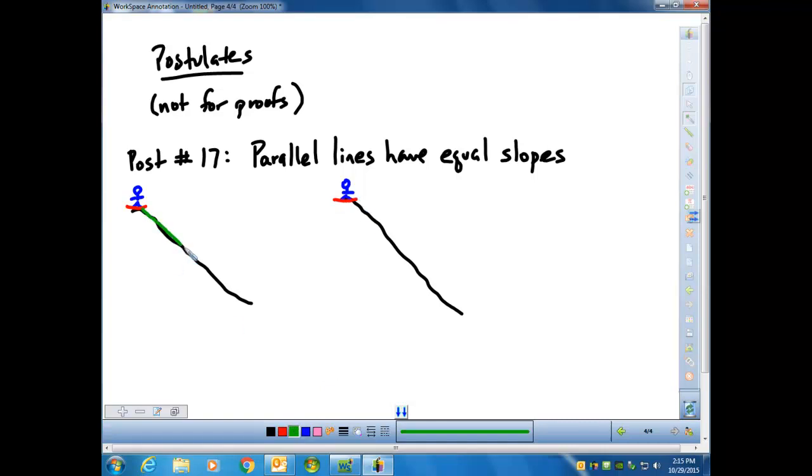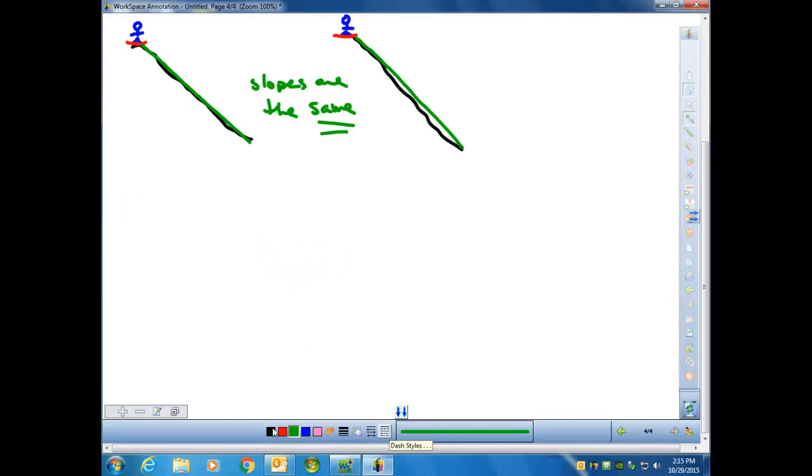I would argue that since they're the same kind of hill, we might call them parallel to each other. And you can see on my graph or on my picture right now that those two slopes would be exactly the same. The slope of those two mountains, alright, would be the same. So the idea here is parallel lines have equal slopes.